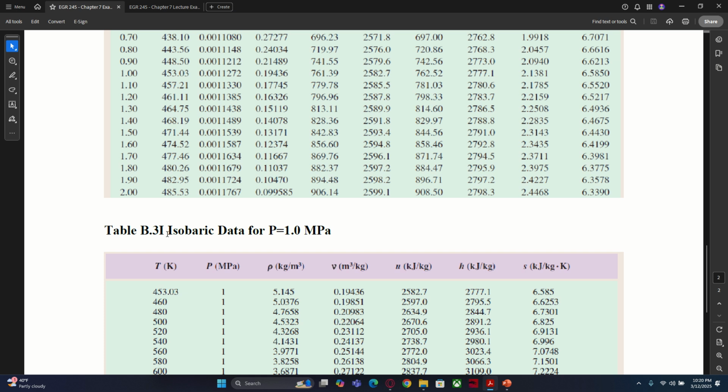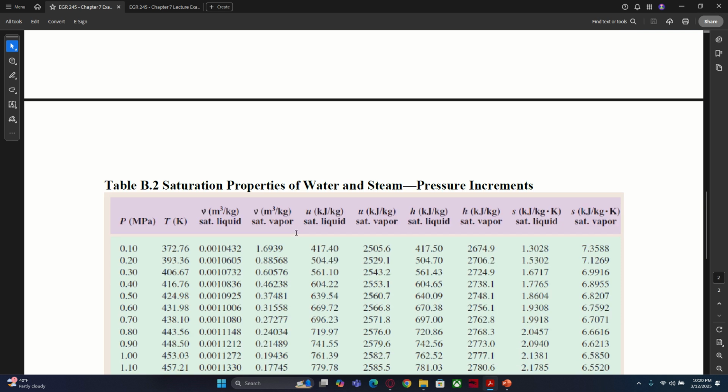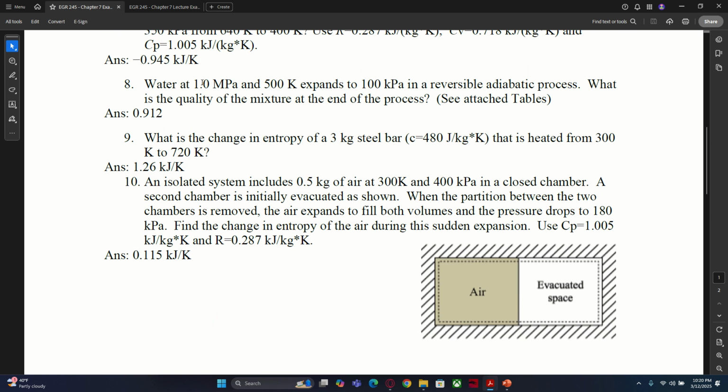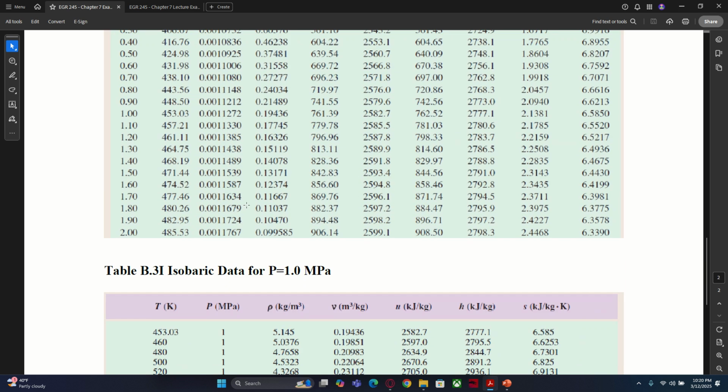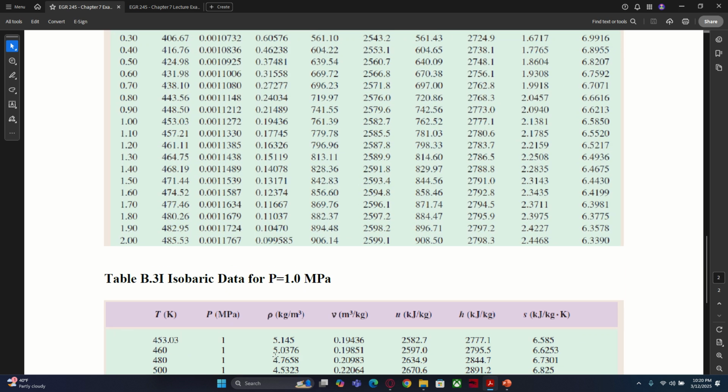Table B.3i, we are at 1 megapascal pressure, like what we were at the start, and we're looking for 500 Kelvin. So that would be, for the total specific entropy, 6.825 kilojoules per kilogram Kelvin. All right.